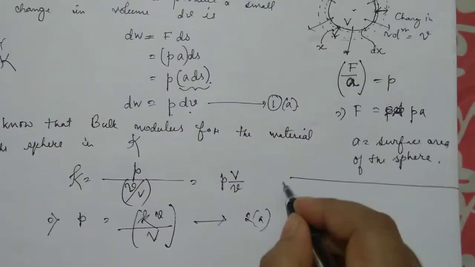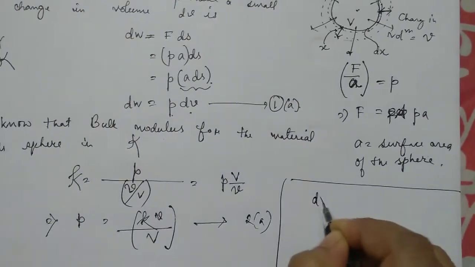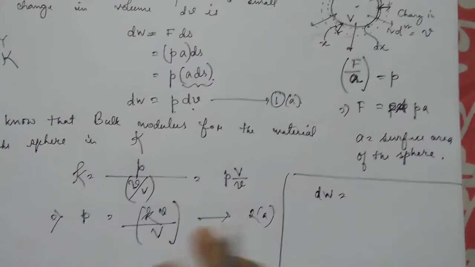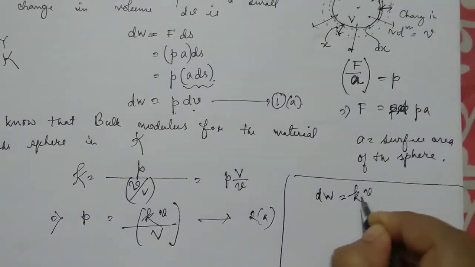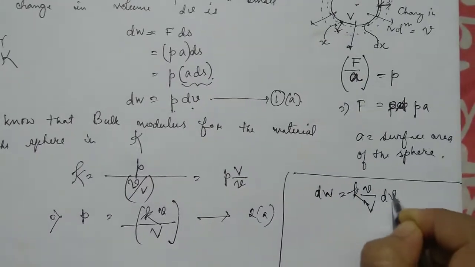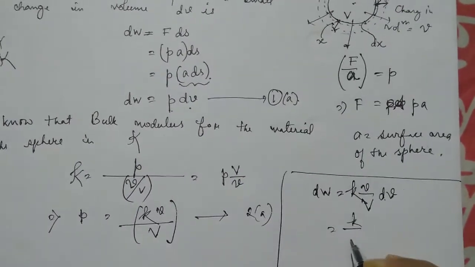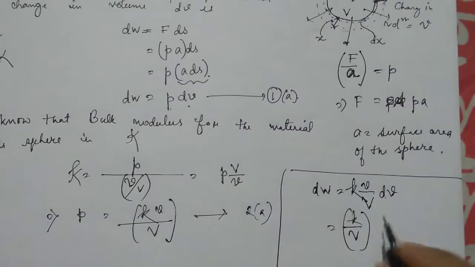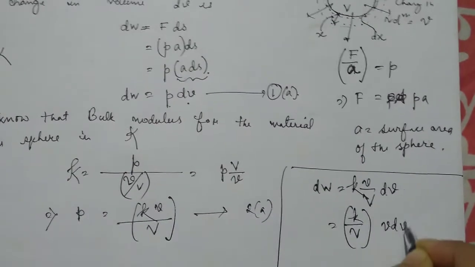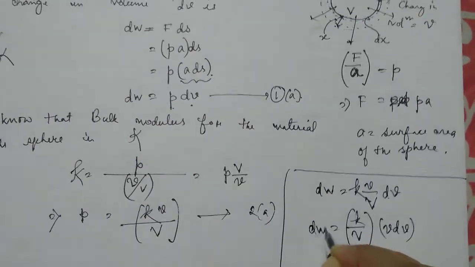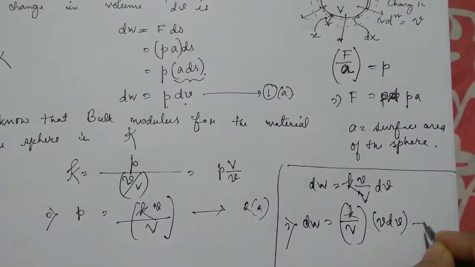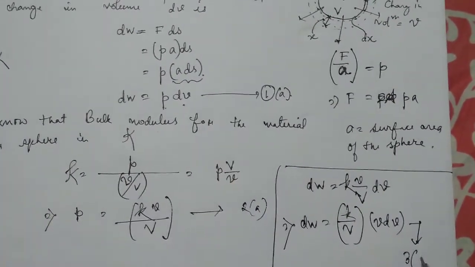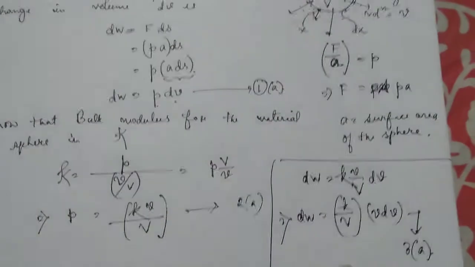So dW equals, in place of P, kappa small v by capital V into dV. Kappa is outside, and it is v into dV. This is another form, which I will mark as 3a.